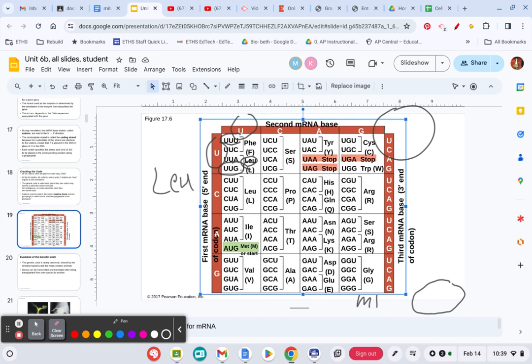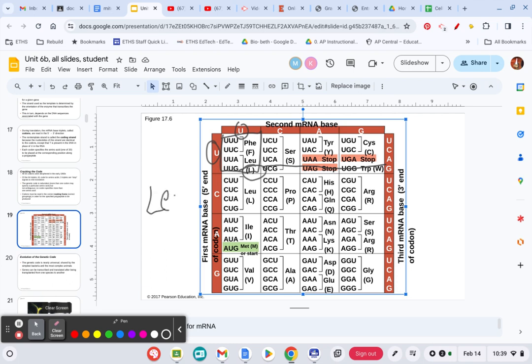Okay, did you see that? Understand that? First letter is U, second letter is U, so we know it's in here. And then G is the last one, so we go over. And it says L, so it's LEU. Okay?